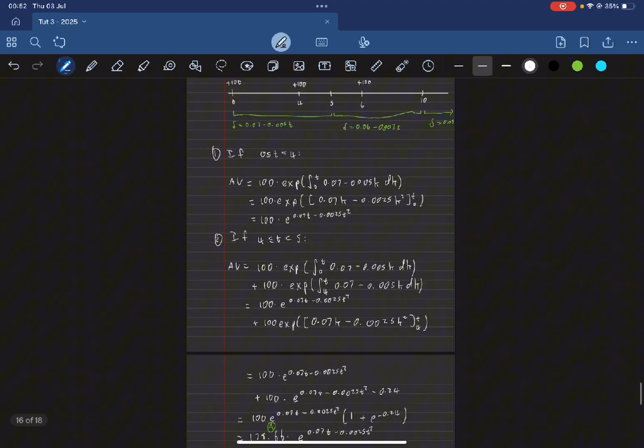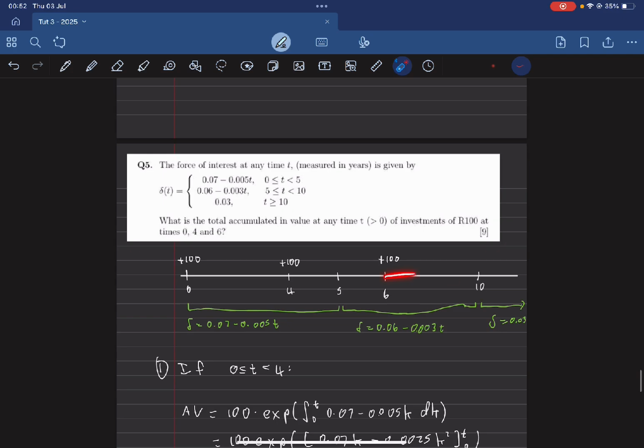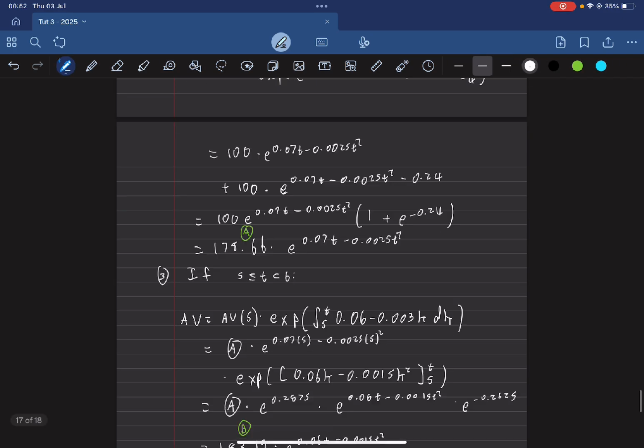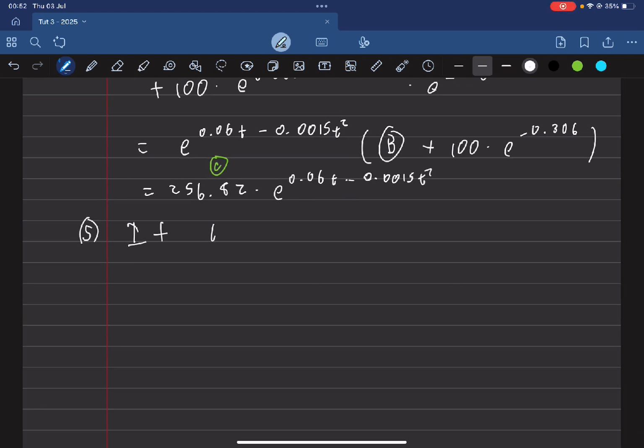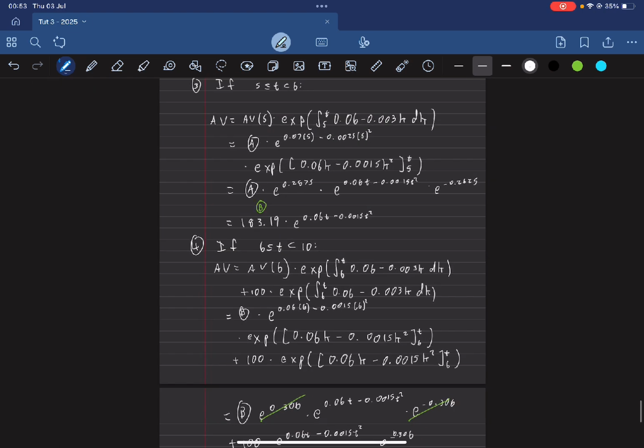Okay, we're almost done. So that was the interval from 6 to 10. Final interval from 10 onwards. This one actually shouldn't be that bad. So, fifth interval. If t is greater than or equal to 10. So this accumulated value is going to be, again, we're going to use the same trick as we did in the previous ones.